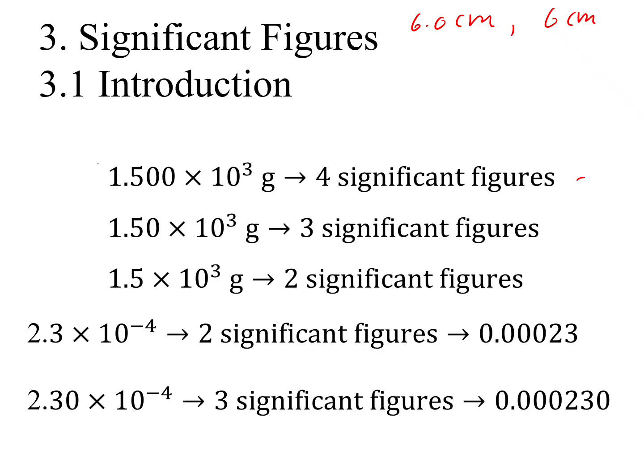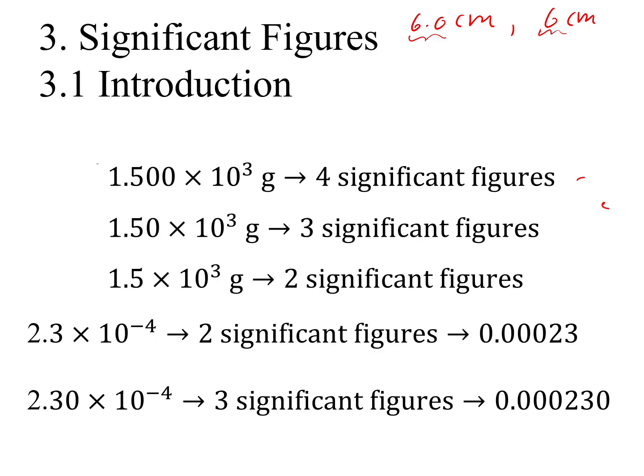This is why zeros can be important. A zero after a decimal point can show that the measurement was made to a certain precision. In 6.0 centimeters, we have two significant figures, and in the 6 centimeters measurement, we have only one significant figure.